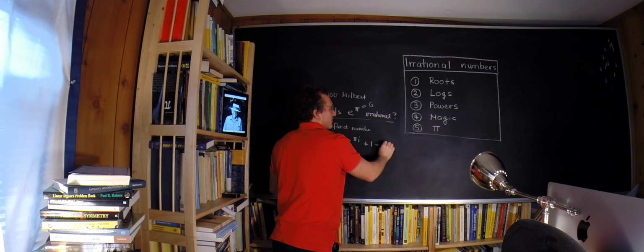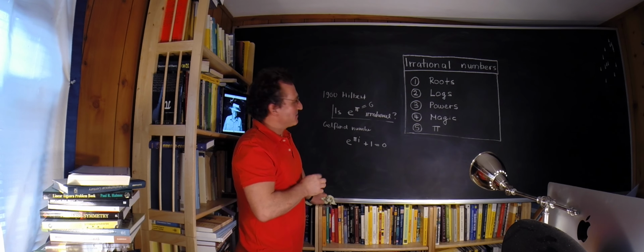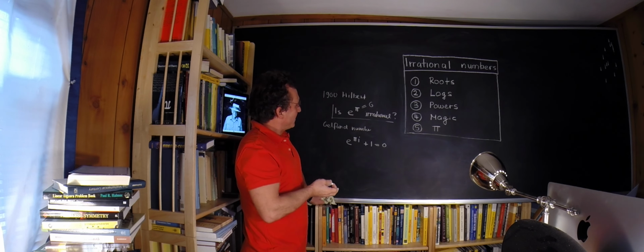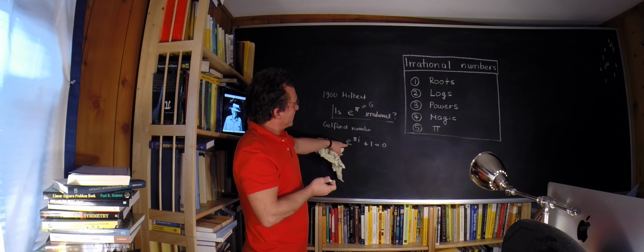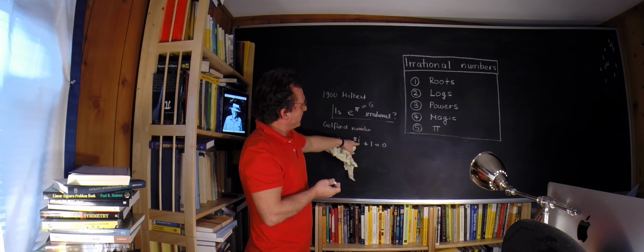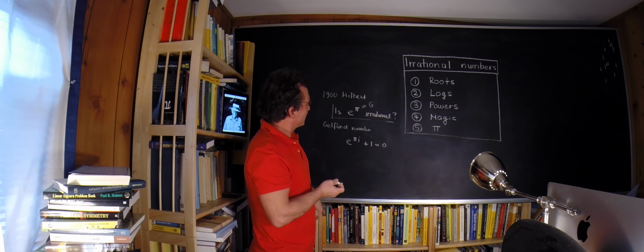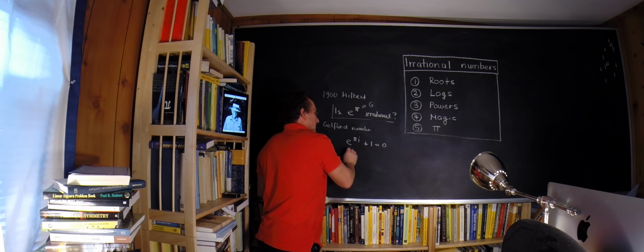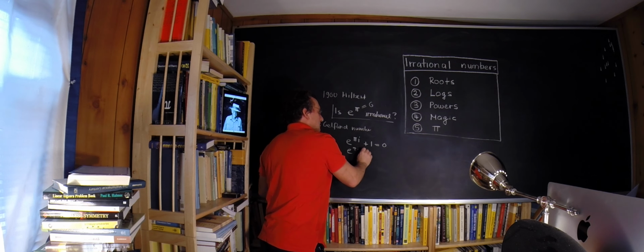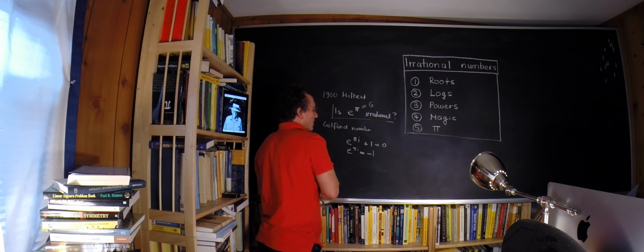That's often considered the most beautiful identity in mathematics because it combines e, pi, i, 1, and 0. And so e to the pi i is equal to -1.